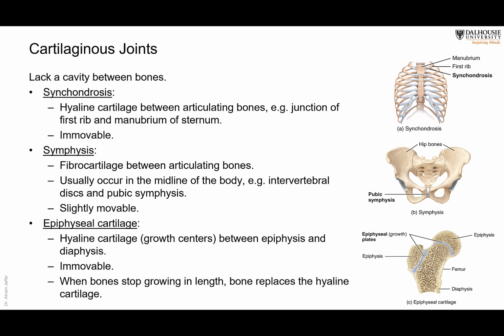It is present as a sandwich between the two bones. Usually they are present in the midline, like the symphysis pubis, like the manubriosternal joint here, the angle of Louis, and all the joints between the bodies of the vertebrae, the intervertebral discs. They are all symphyses, and they are slightly movable.